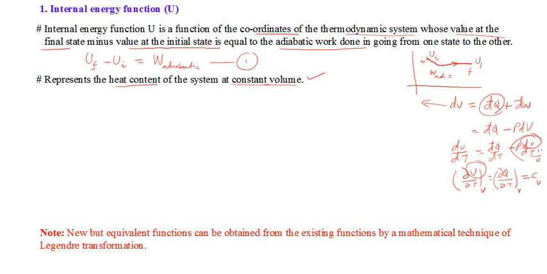But remember, mathematically, internal energy is related to the heat content of the system under constant volume, or isochoric, conditions. We will make this idea clearer when we discuss enthalpy in the next slide.